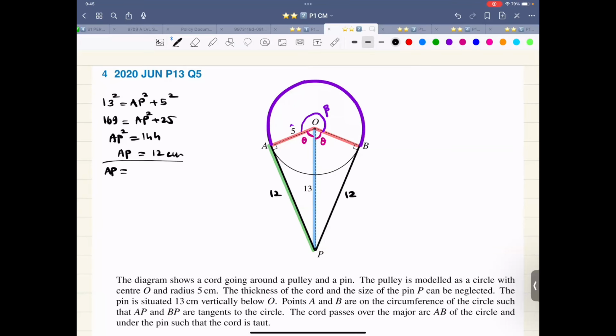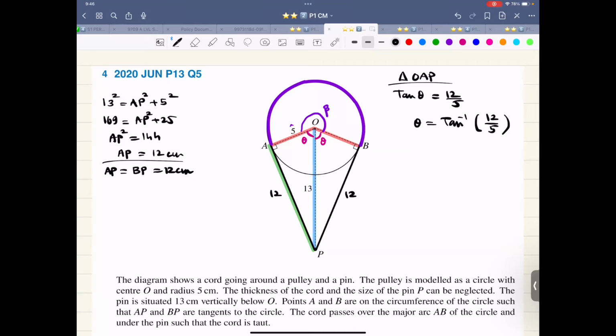AP is the same as BP, which is 12. All good? Now focus on the triangle OAP. Let's use tangent. Tangent of theta is 12 over 5.